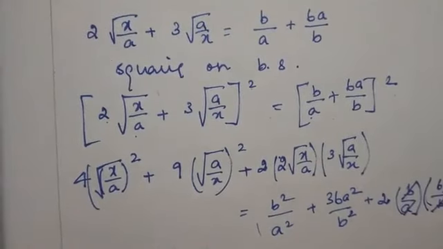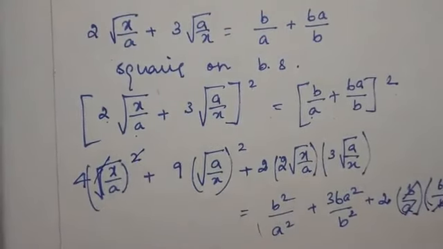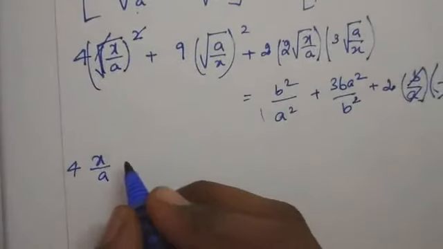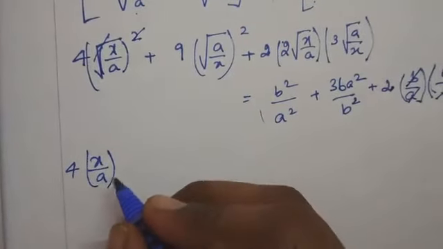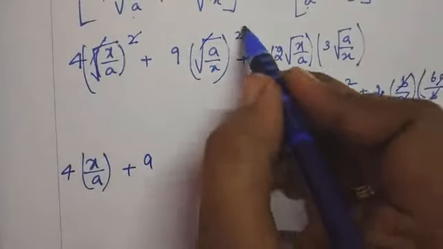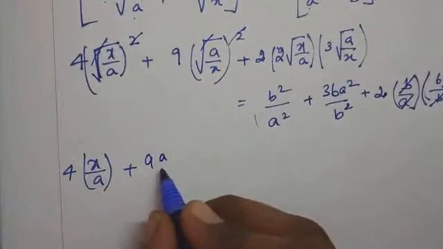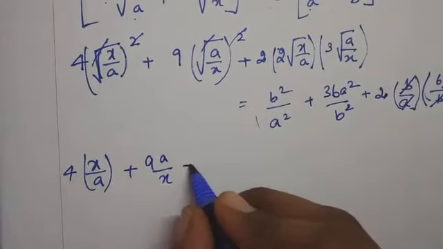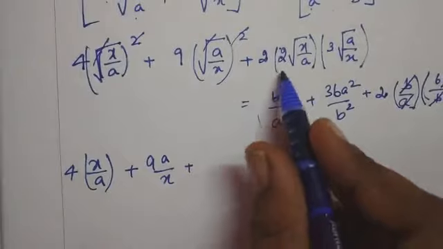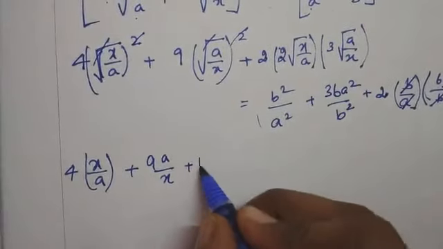Here 4 into square root and square will get cancel. So x by a plus 9 into, here also square root square cancel, a by x plus 2 into 3 4 into 3 12.